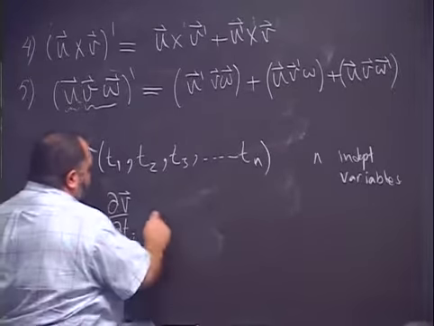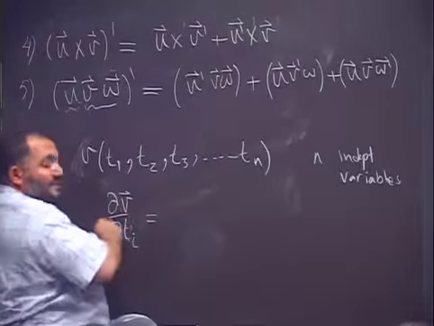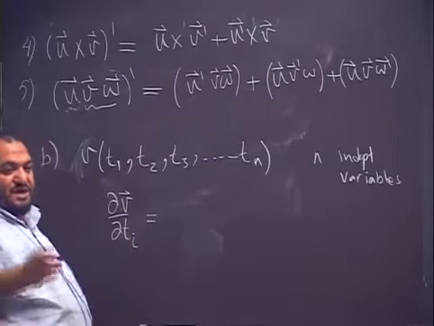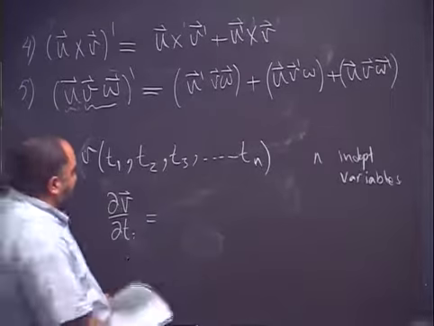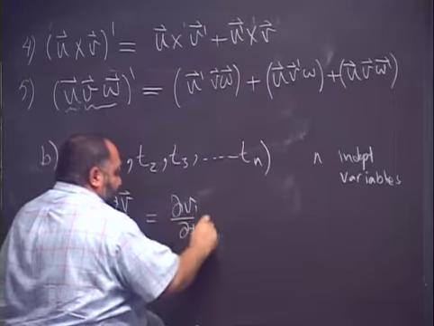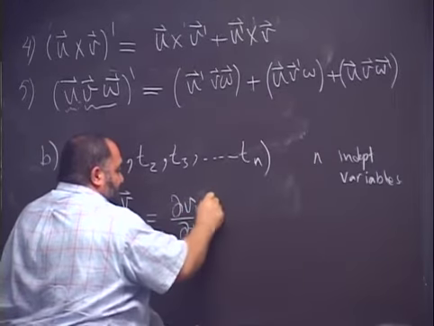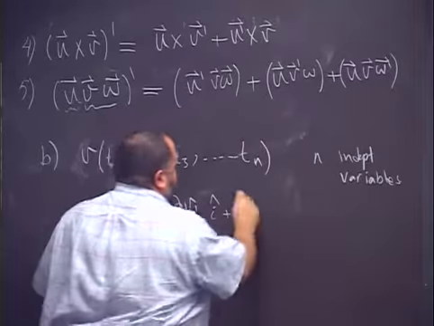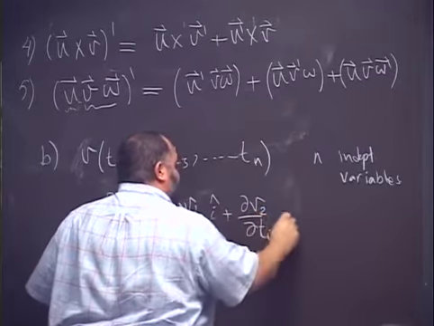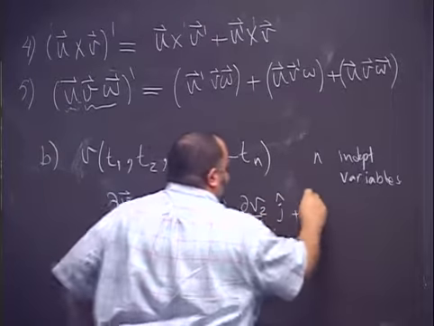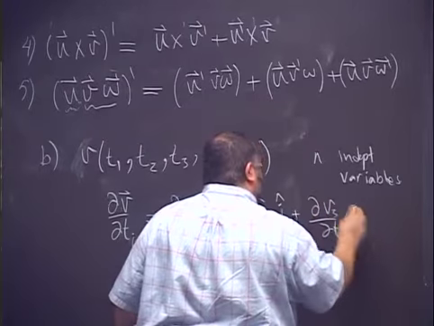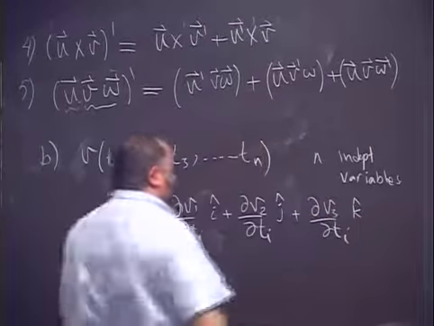So this will give me, because the vector field has three components, v1, v2, v3 in i, j, k, dv1 by dti in the i direction plus dv2 by dti in the j direction plus dv3 by dti in the k direction.